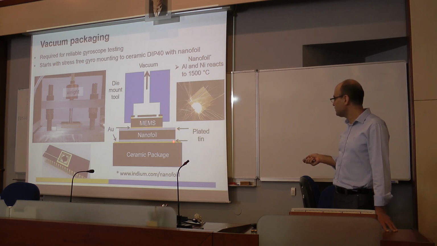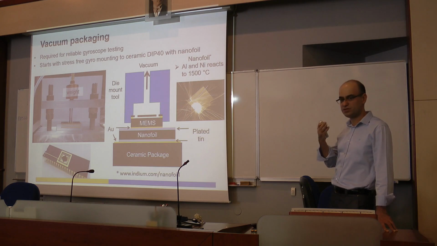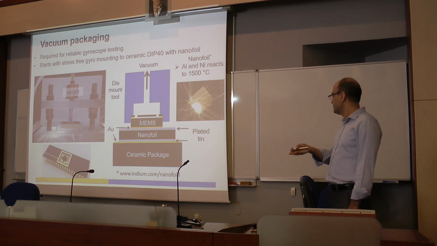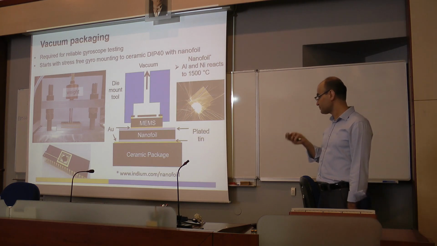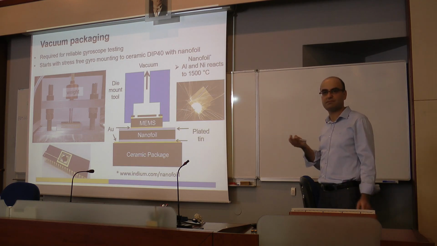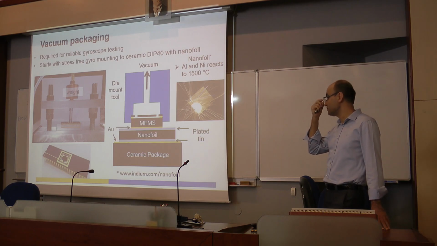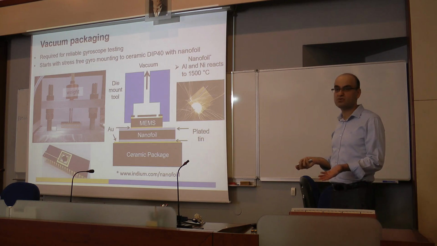It has plated tin on both sides, but whenever you apply a voltage pulse or a laser pulse, an exothermic reaction starts in this nanofoil, and it melts the tin on both sides and it solders your device to the package. So the advantage here, whenever you solder or use a glue, generally you have to cure them, like greater than 100 degrees. For soldering, you have to go to 200 or even 300 degrees Celsius, but this happens at room temperature.